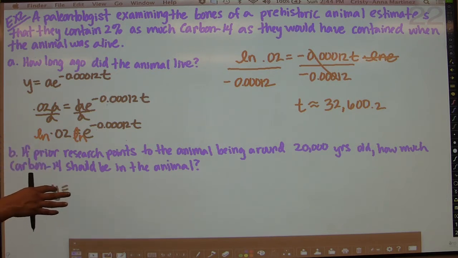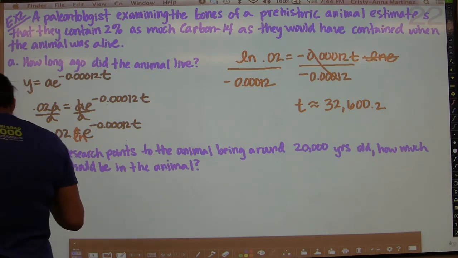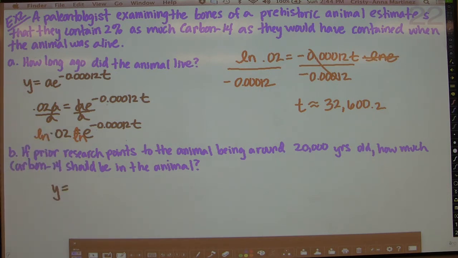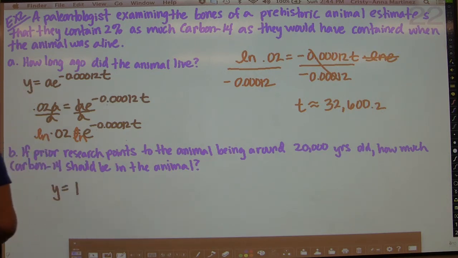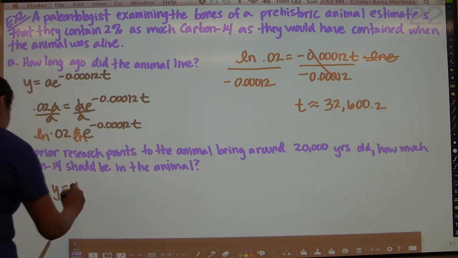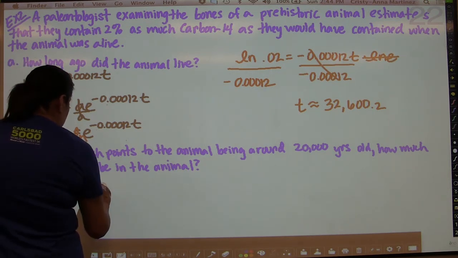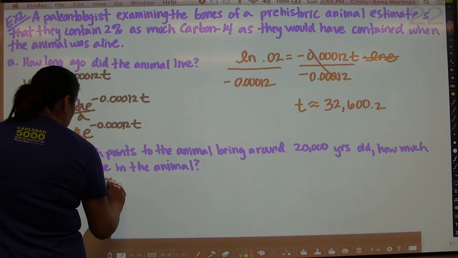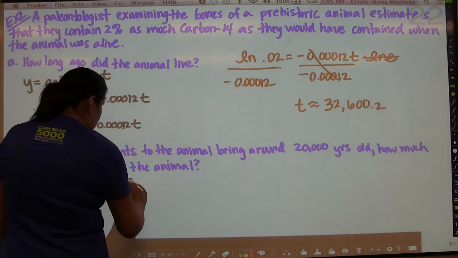So when you have 100% of the original amount, we're going to use a 1 to represent the original amount because that's going to represent 100%. So instead of A, we're going to put 1, and then e to the negative 0.00012, and for the time, for the year, we're going to put 20,000.